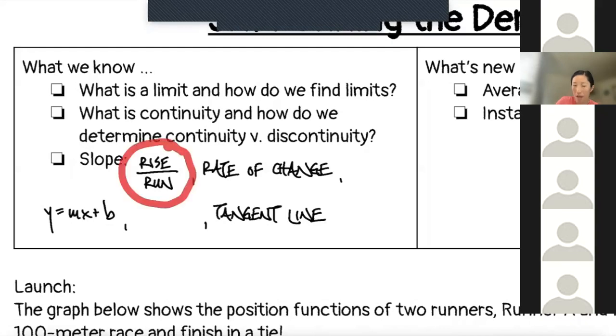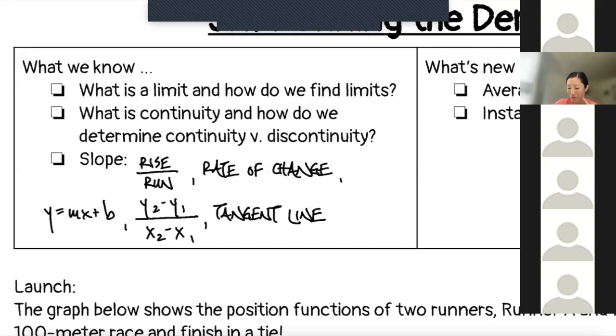Can someone tell me another way of saying rise over run? Isn't it y1 minus y2? Yeah, y1 minus y2. And then, yep, over x1 minus x2. Good, good, good. And so I just wanted to make sure that we are really careful about this one because, yeah, Diego, I don't want to call you out because this is actually the number one common mistake, right?